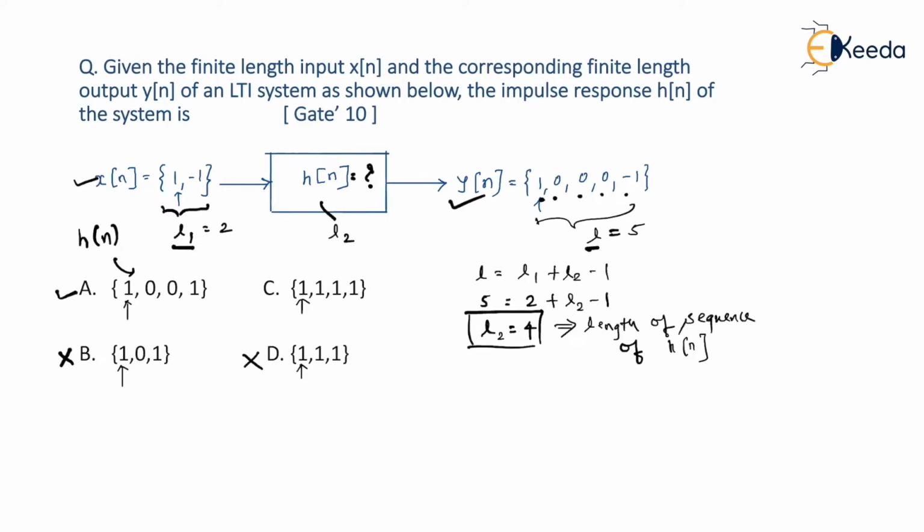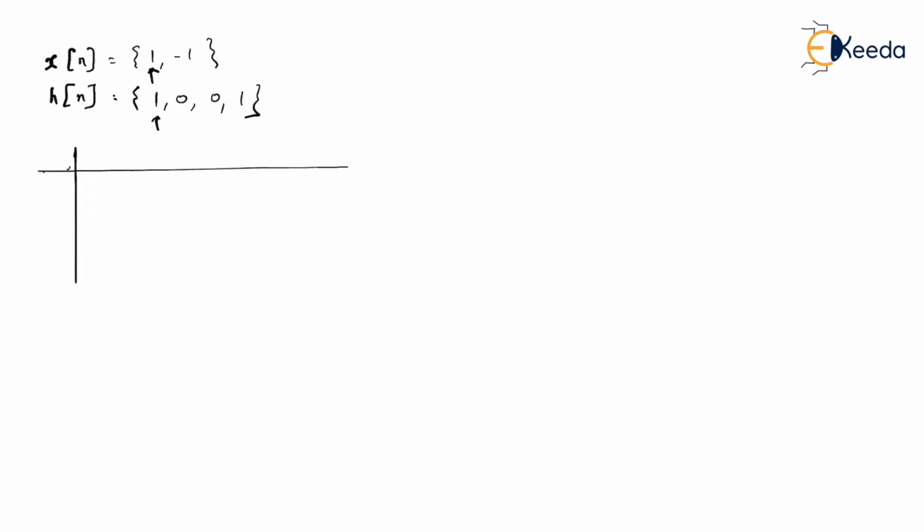X of n is 1, minus 1, and according to option A, h of n is 1, 0, 0, 1. Is that right? Now you can try a tabular method and see whether you get the same y of n which is provided in the question. The arrow marks were given. So here I'll take x of n, I'll write 1 minus 1.